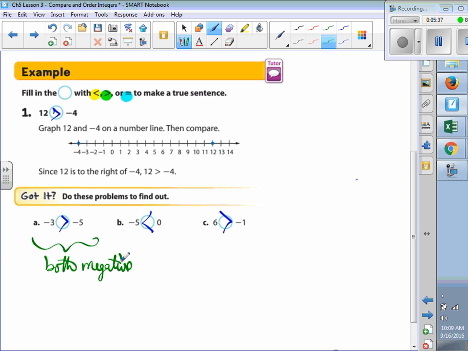Is everybody clear? If they are both negative, the lower the number, the greater the size. You got that? Make sure you write that down.